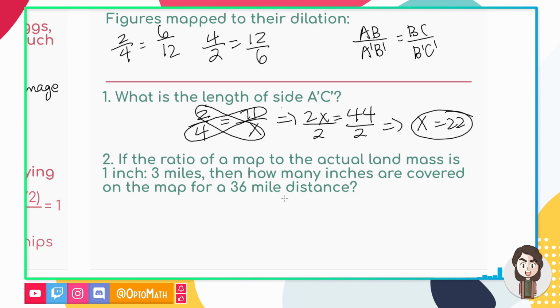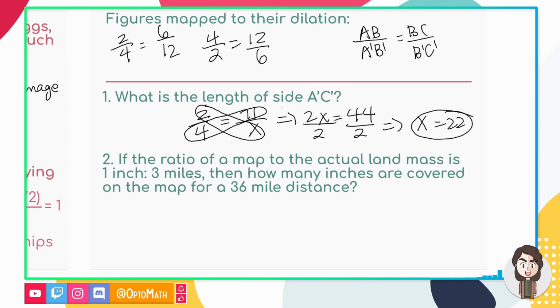Number 2 is a really great question, especially if you're into history or just any sort of maps. And this is great if you're thinking about modeling, like a model airplane, a map, which of course is a model of land masses. If you're just trying to sketch something out to put on your wall and you want it to be in the same proportion, then math like this is very helpful.